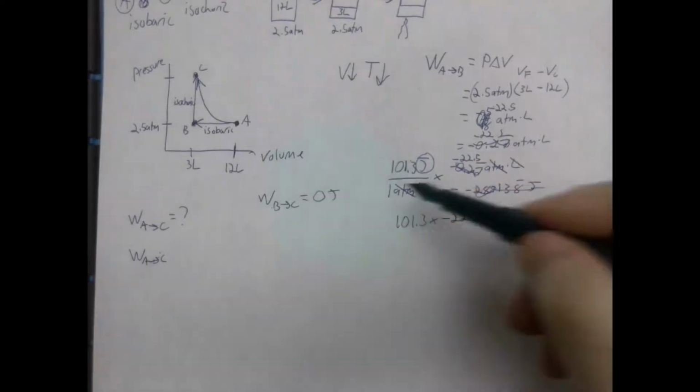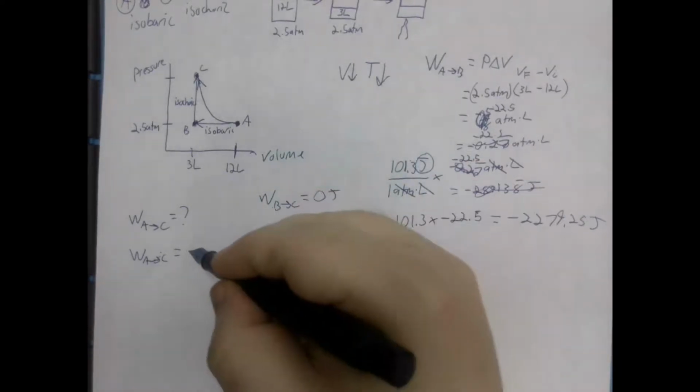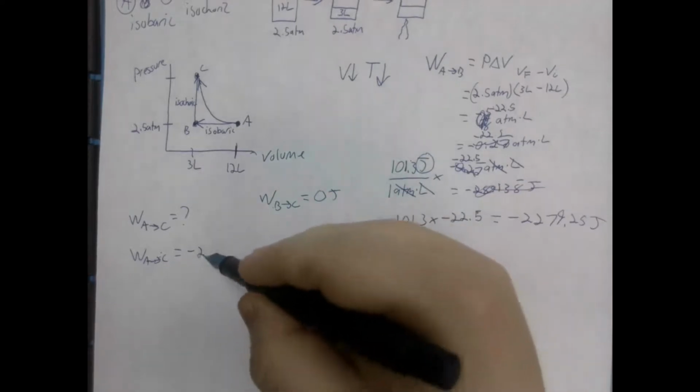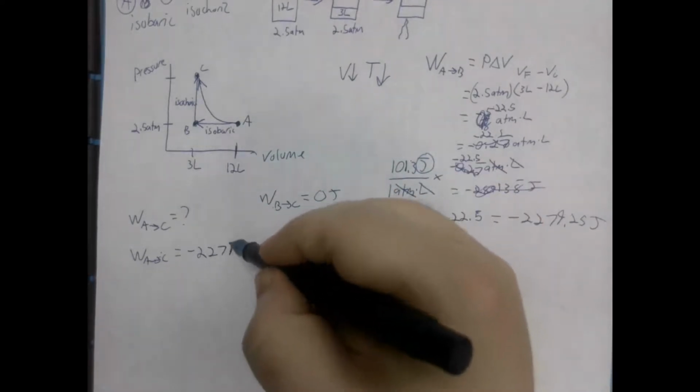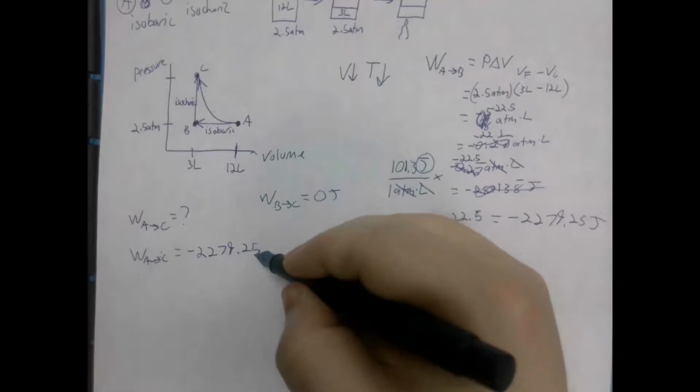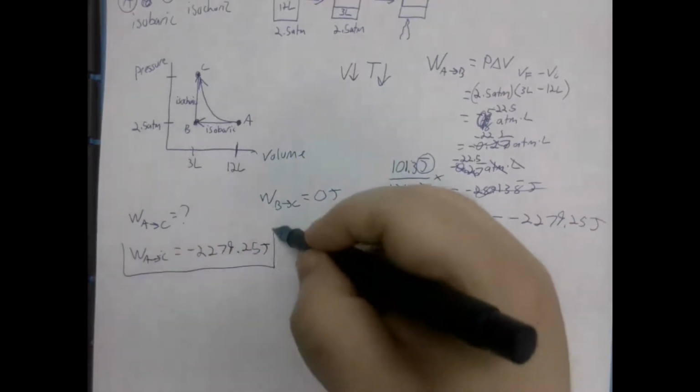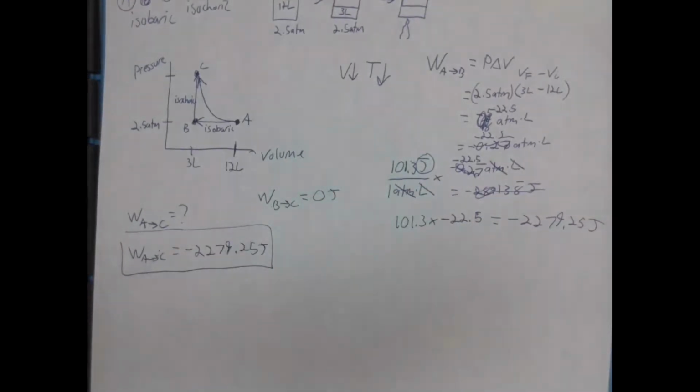Exactly. So we add these two together, and we get that the total work is negative 2,279.25 joules. That answers one part of the problem.